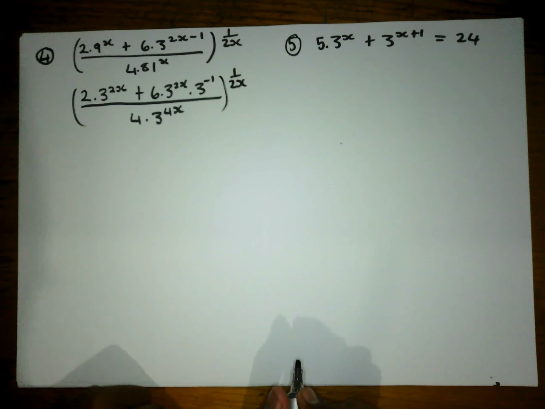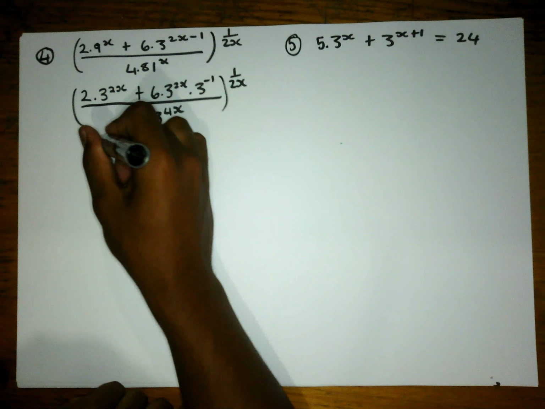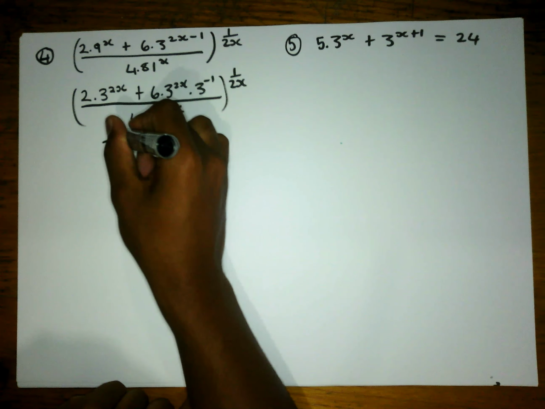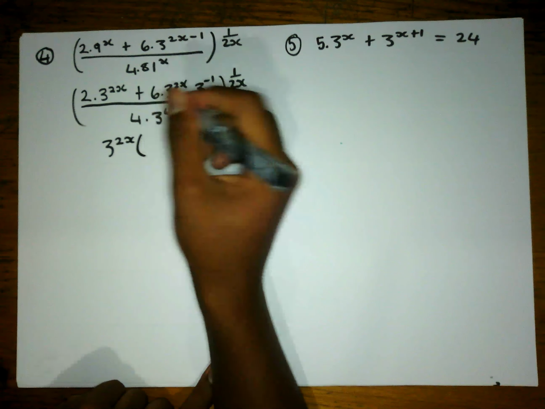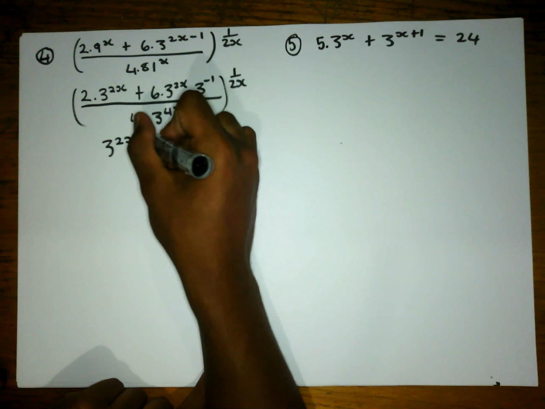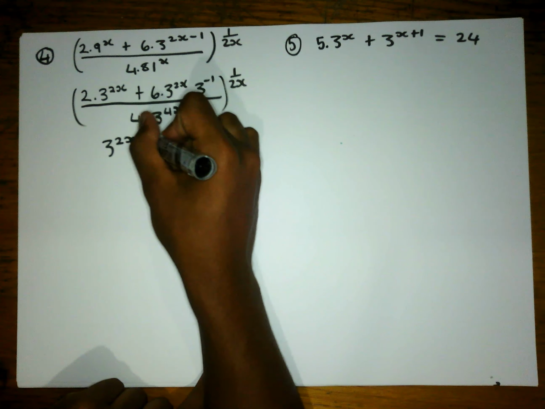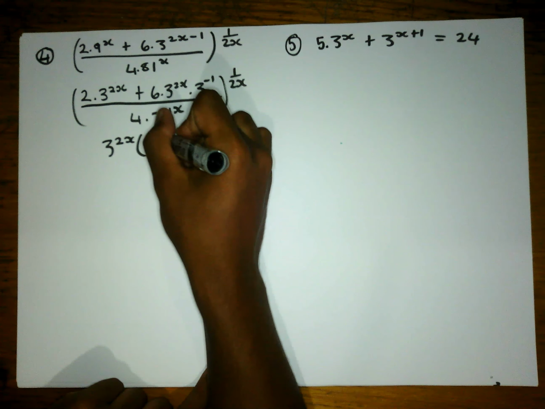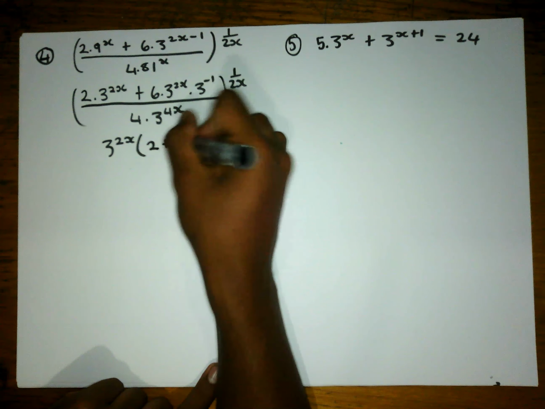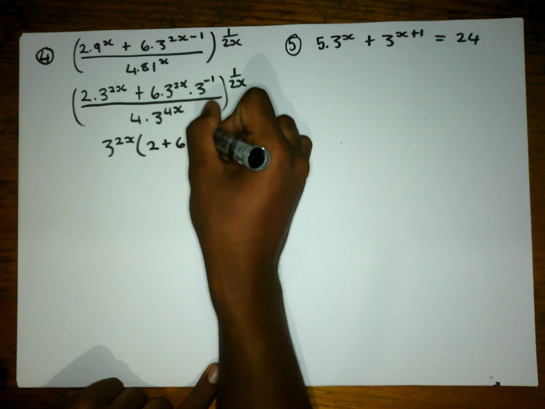Okay, what do we do now? We are going to factorize out a 3 to the power 2x, and then we are left with 2 plus 6 times 3 to the power negative 1.